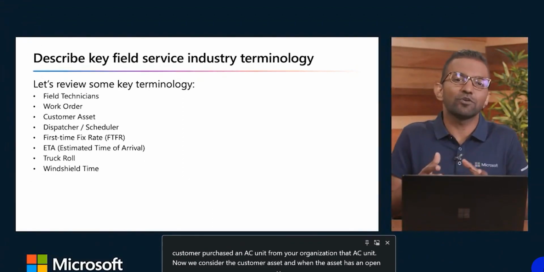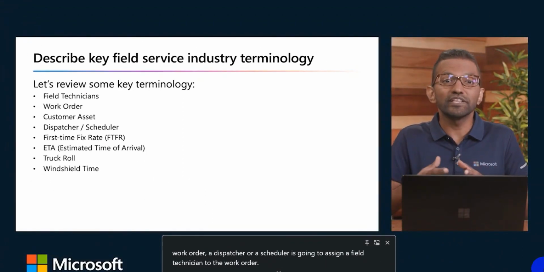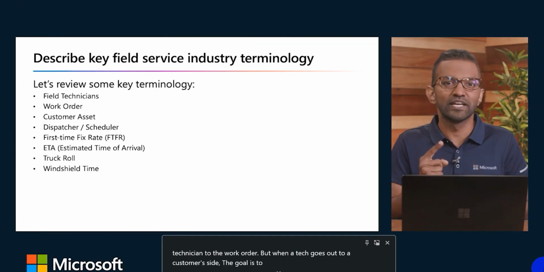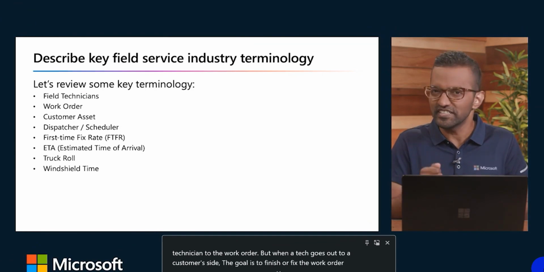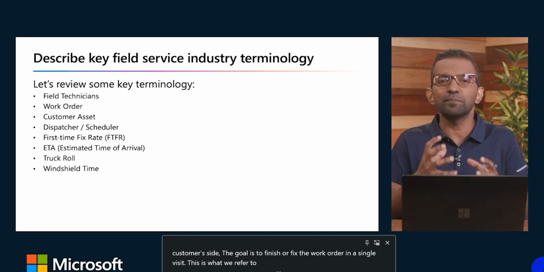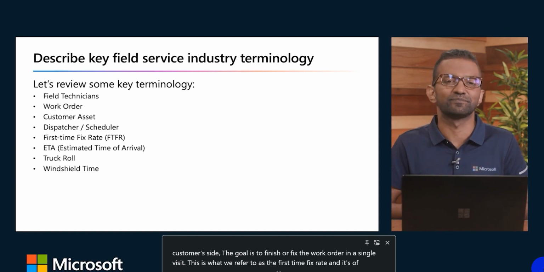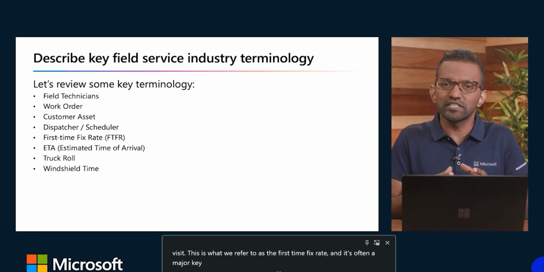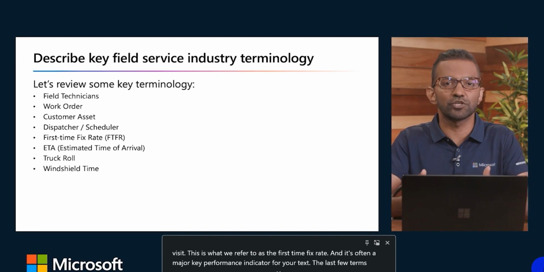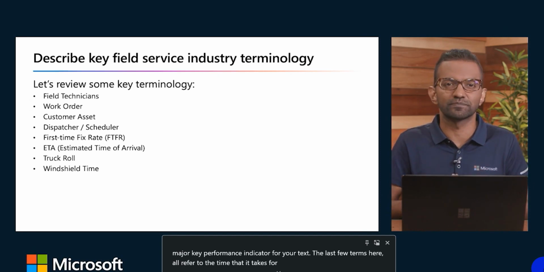But when a tech goes out to a customer's site, the goal is to finish or fix the work order in a single visit. This is what we refer to as the first-time fix rate, and is often a major key performance indicator for your techs. The last few terms here all refer to the time that it takes for your tech to arrive at the job and complete the work order.